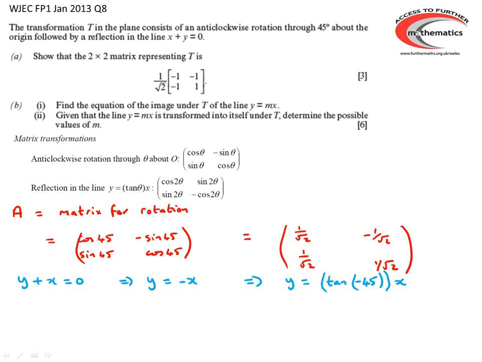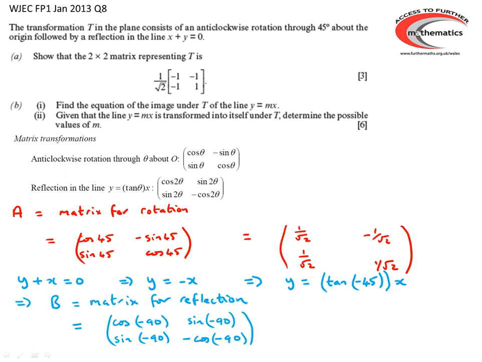So using the second of the two results, which are given in the formula booklet, we can say that the matrix for the reflection must have a first column, which is cos of 2 times minus 45, sine of 2 times minus 45, and a second column, which is sine of 2 times minus 45, minus cos of 2 times minus 45.